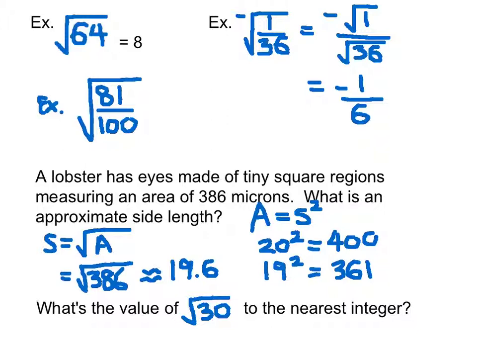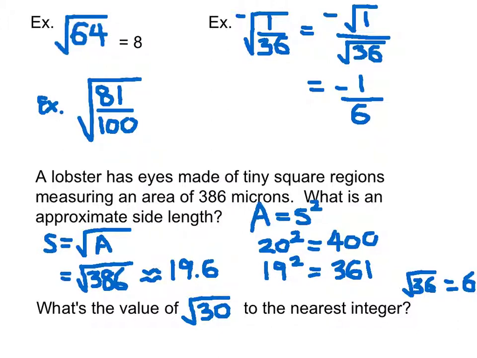Okay, so I'm assuming that you stopped the video and tried to estimate this without a calculator. Did you think of a perfect square that was close to 30? The first one I think of is 36. Of course, the square root of 36 is 6, so it's in that region.